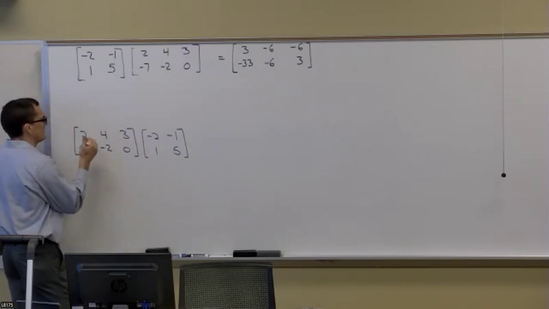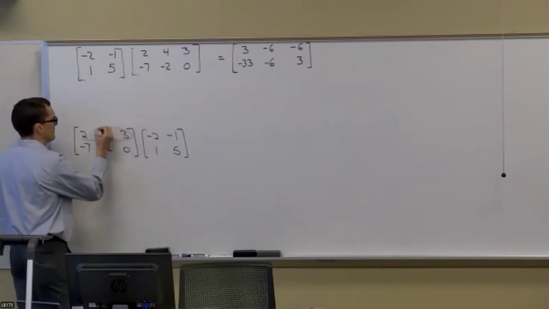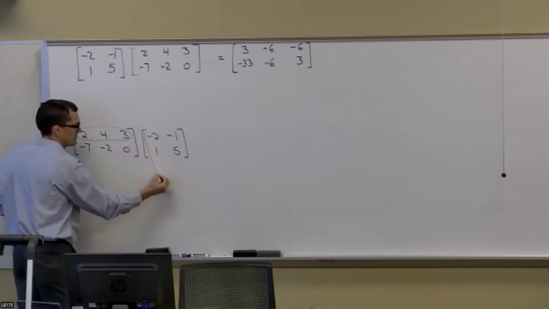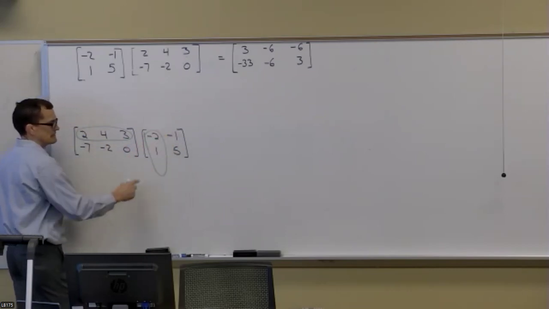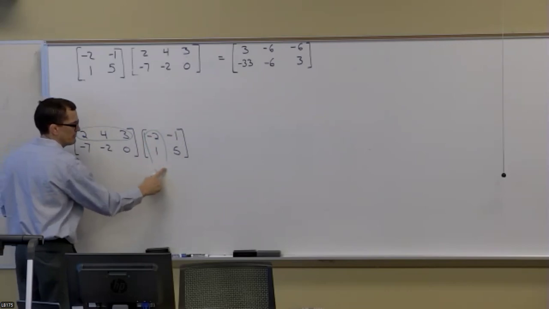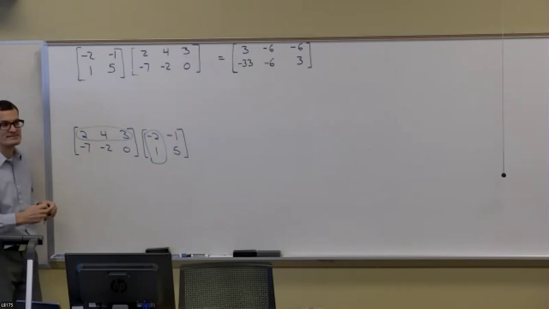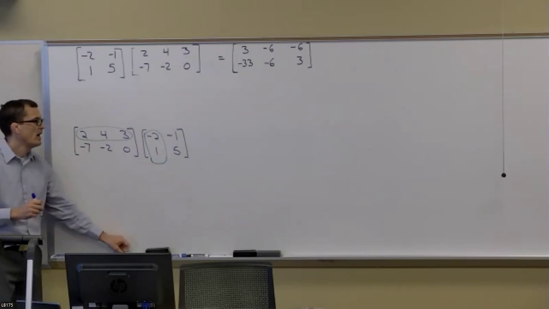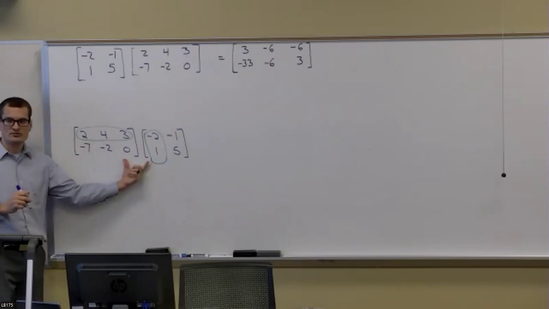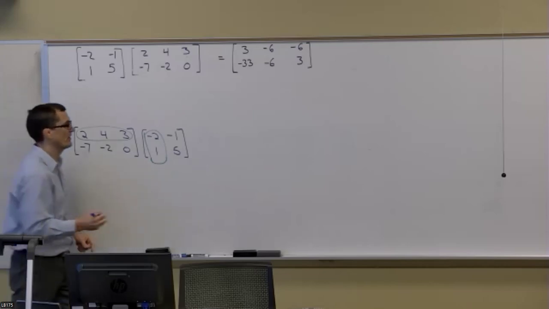So because the number of entries don't match up in those spots, or any of the spots, we say that we can't multiply. So this does not exist, right?